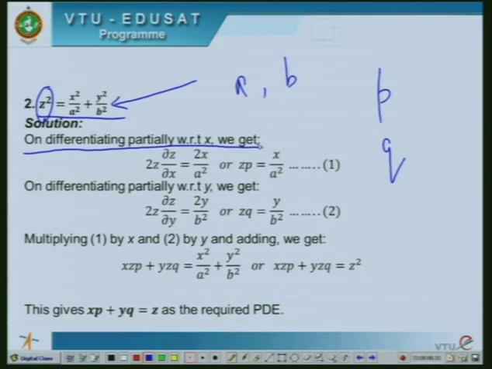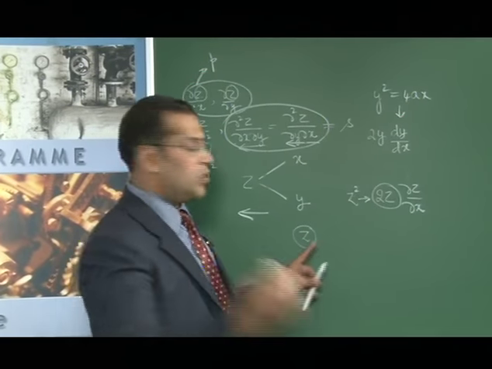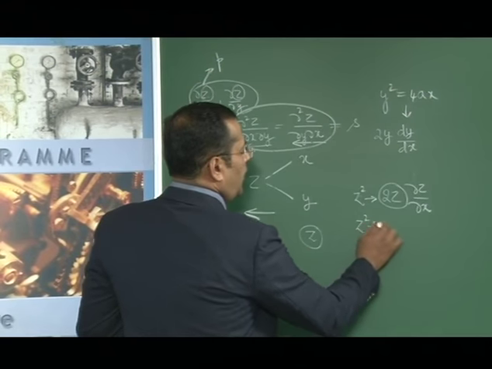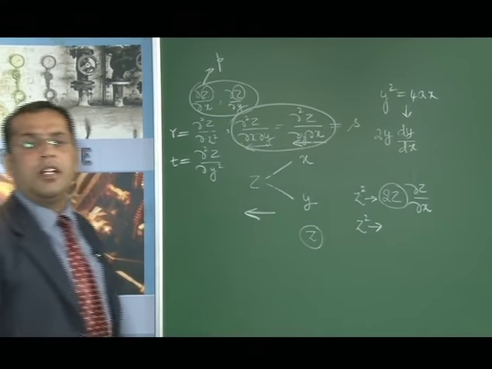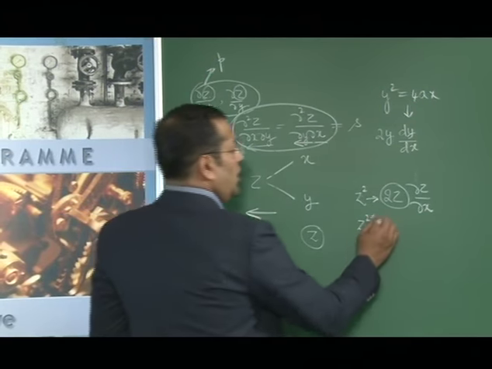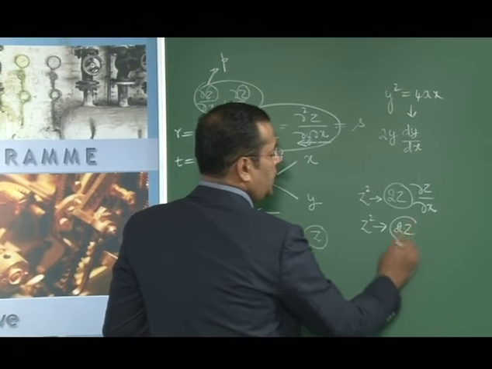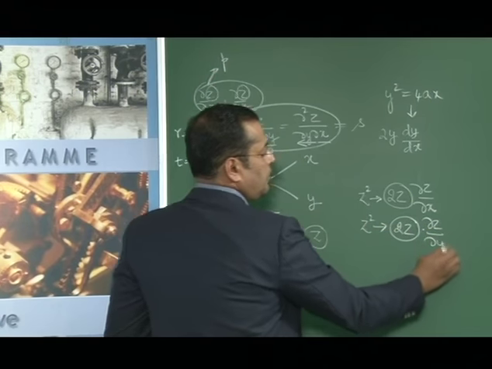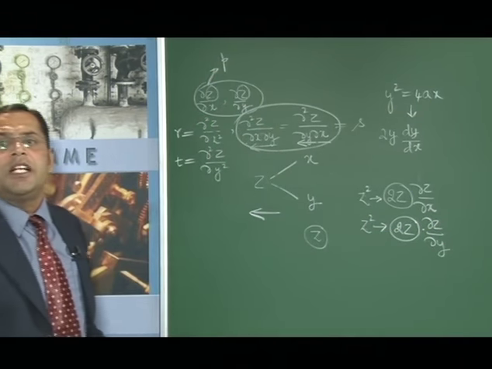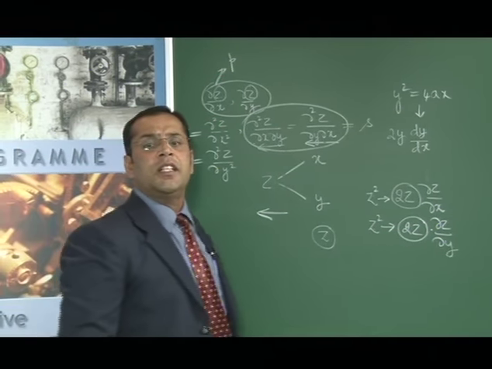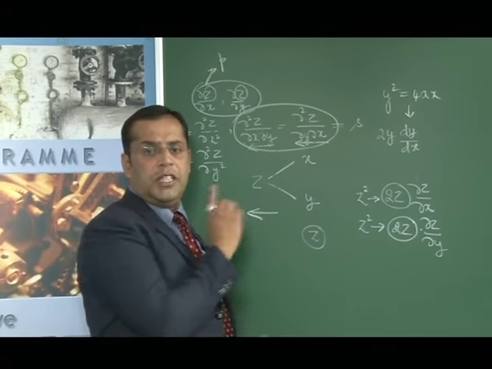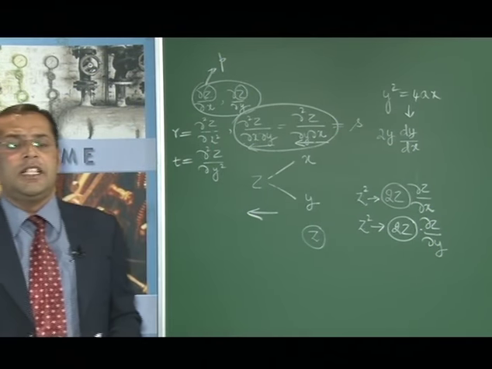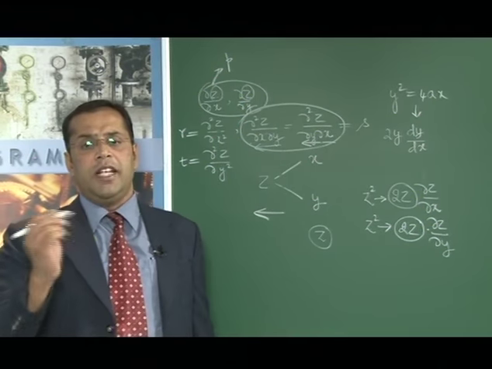The same thing is valid when you differentiate with respect to y also. If you differentiate z square with respect to y, z square is 2z, this is for the power, followed by the corresponding partial derivative with respect to y, which is dou z by dou y. Remember this procedure, because z is the dependent variable depending on x and y.